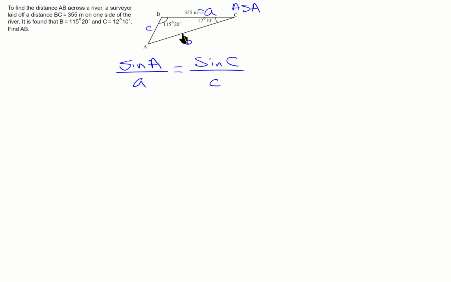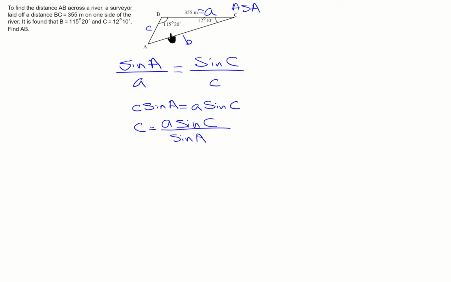So we notice here that the unknown that we're looking for is going to be c, so we'll go ahead and solve for lowercase c. So just cross multiplying, we get c sine A equals a sine C. So c equals a sine C over sine A.